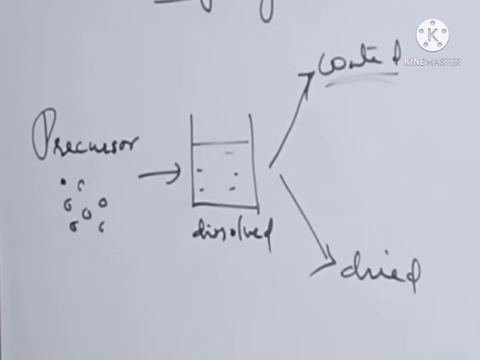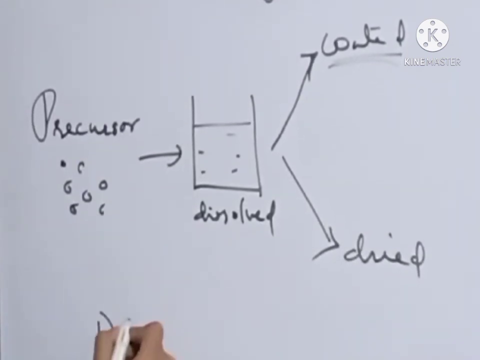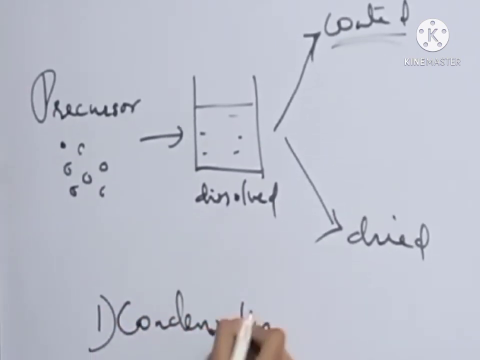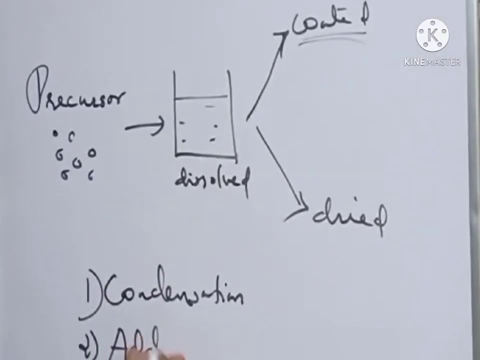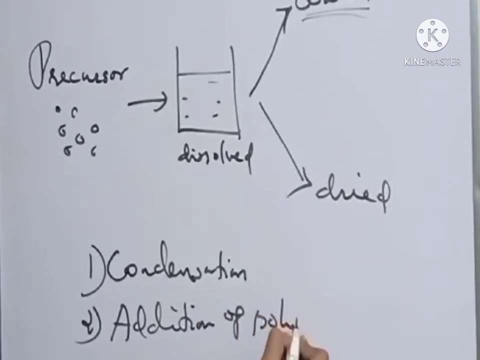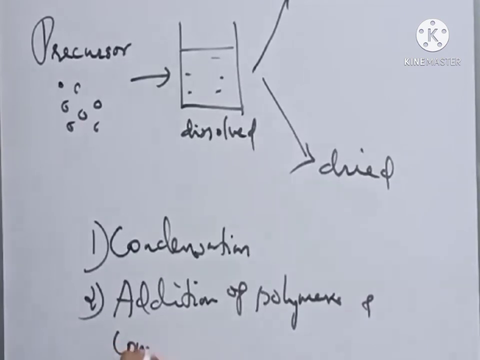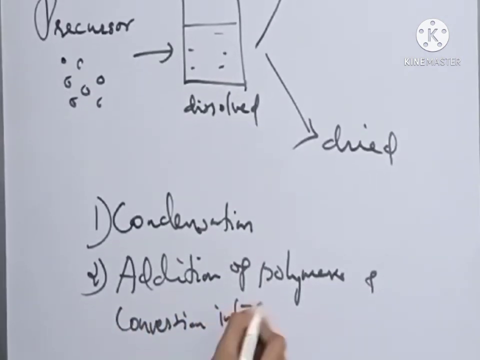The processes that occur during sol gel synthesis are either condensation of the solution, or addition of polymers and conversion into gel.